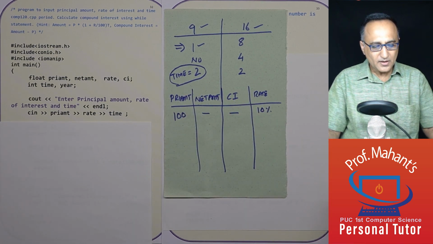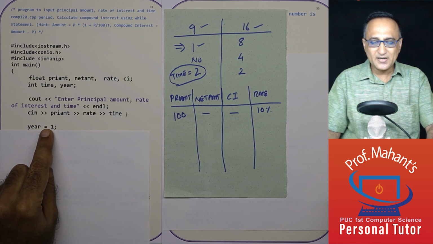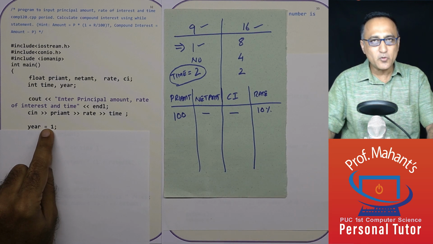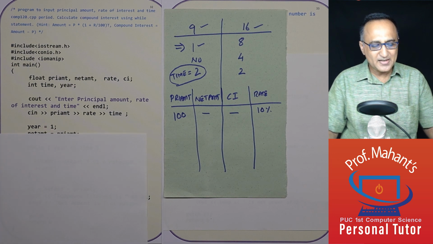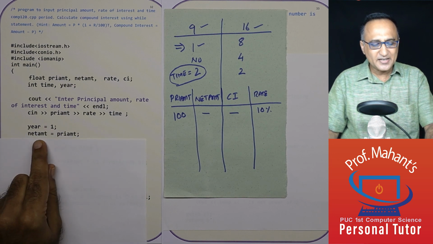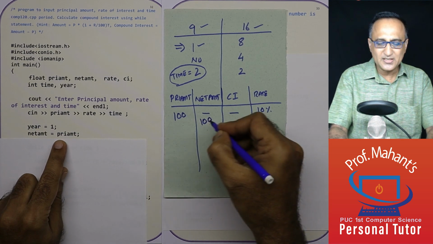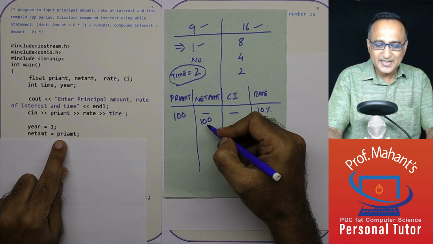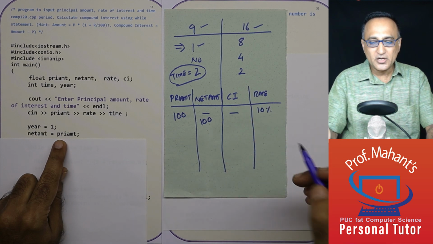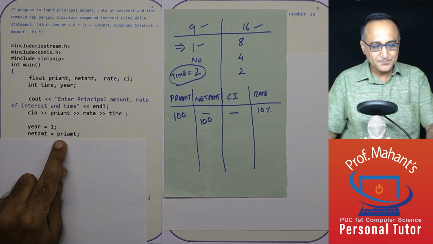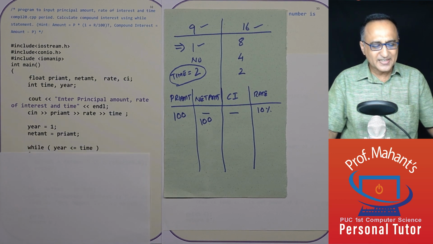Now, I am going to use a variable called year because I want to start from year 1, calculate the interest, then go to year 2 and compound that principal plus interest to get the new value. Initially net amount is equal to principal amount, so both are the same. Later on the net amount is going to be more because the interest is going to be added at the end of each year.